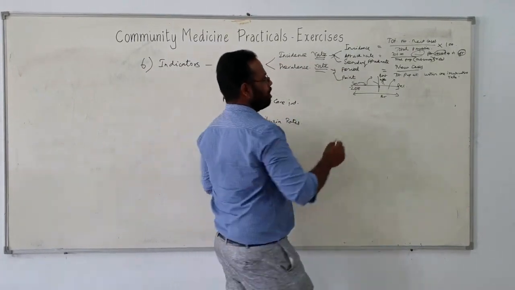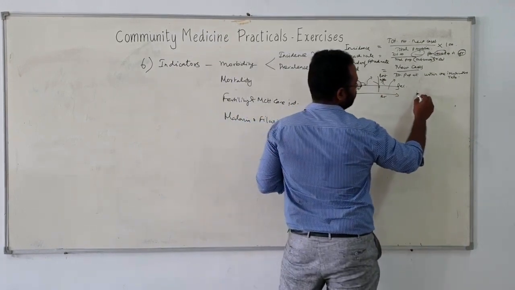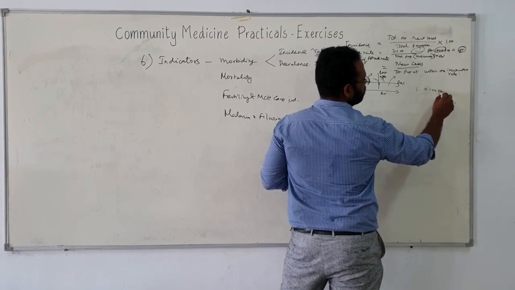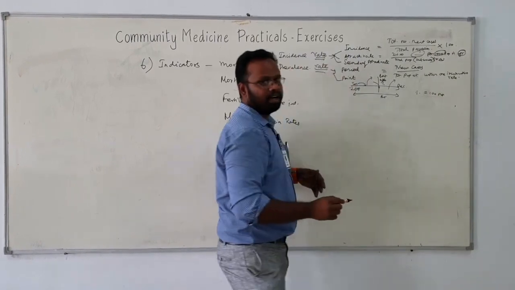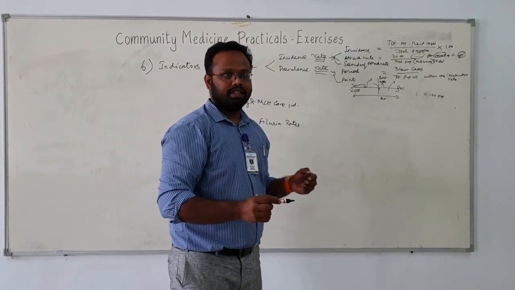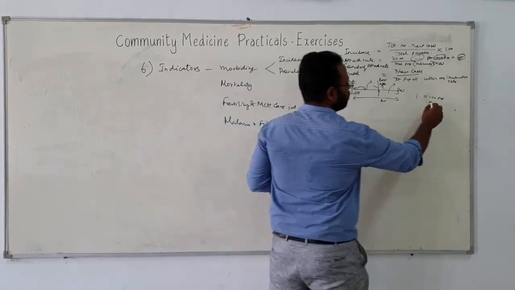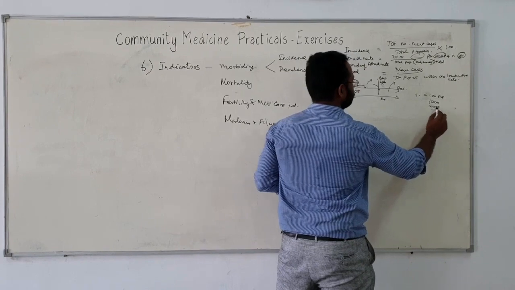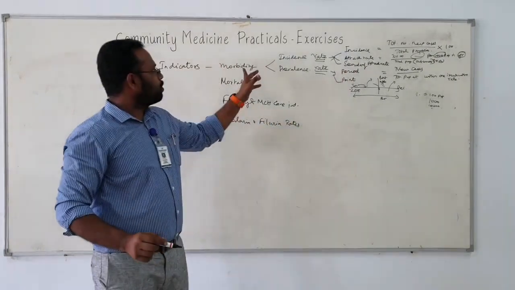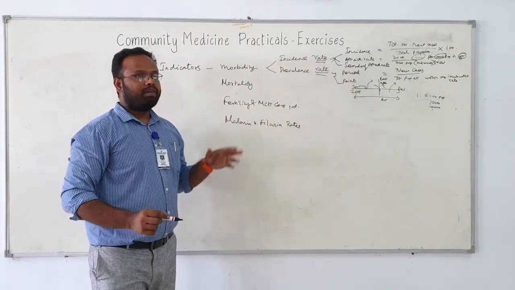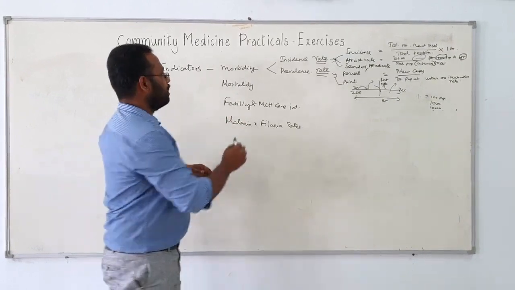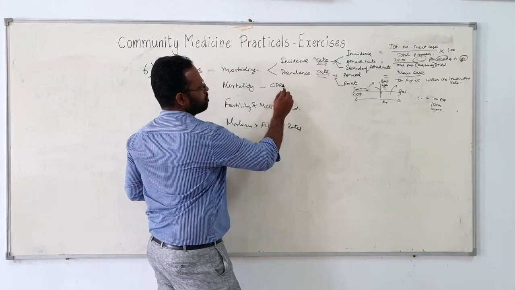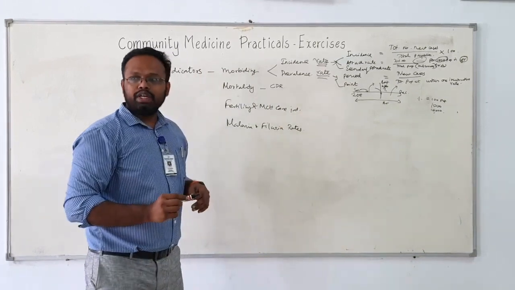Prevalence also is commonly expressed in percentage, which means your denominator is per 100 population. And for diseases like HIV and very rare diseases, you can express it per 1000 population or 10,000 and so on. So that is about your incidence and prevalence. Coming to the mortality indicators, the first and foremost is your crude death rate.